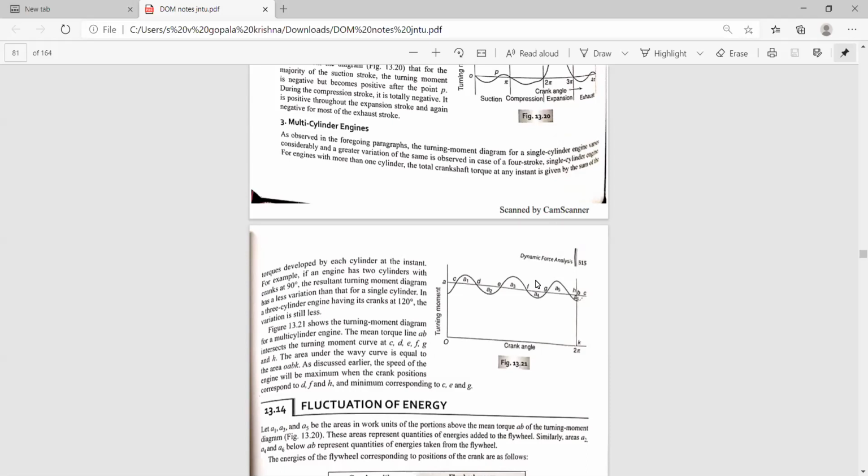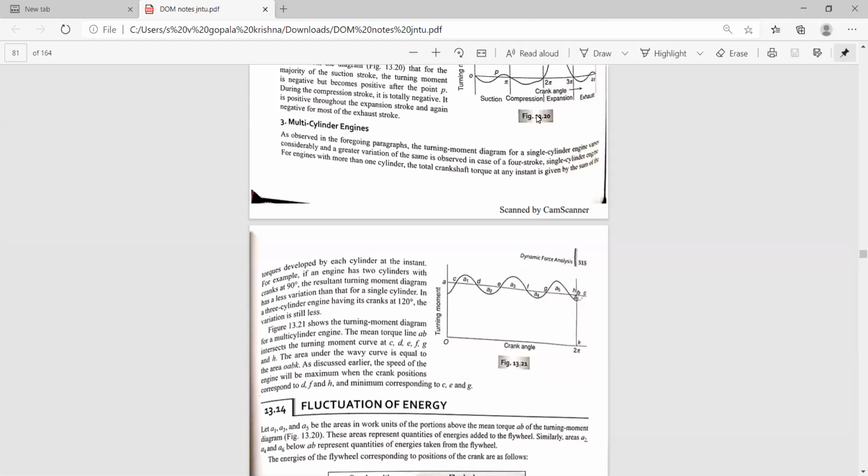So that's why the turning moment diagram seems to be in sine wave format. But in the earlier topic, only when we have the expansion stroke does the maximum turning moment get generated.